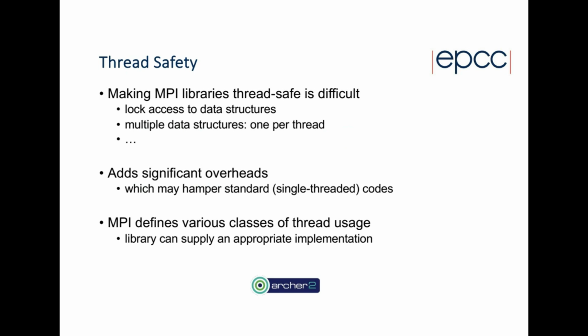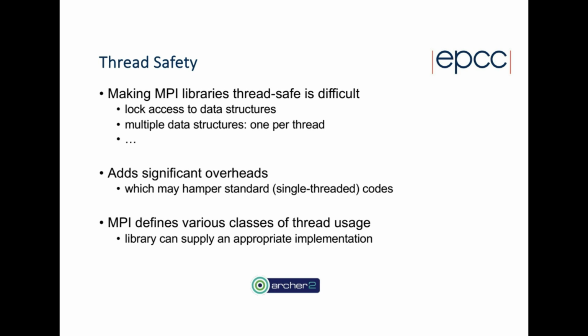So I've said a little bit about thread safety. I've already hinted that making the MPI libraries thread safe is actually difficult. The internals of MPI libraries are really quite complicated, and there's a lot of legacy code in there.